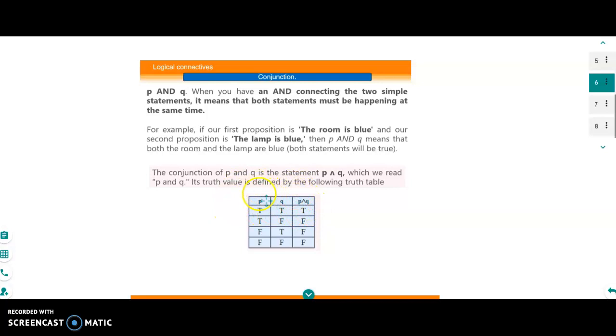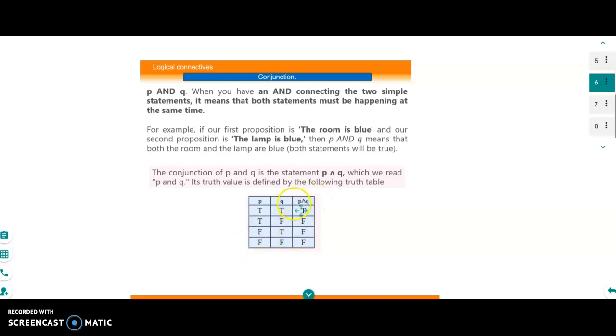When we have true and true, the result P and Q will be true. In the other cases, for example, true and false, the result will be false, always. When P is false and Q is true, false and true will be false. And the last one, false and false, P and Q will be false.